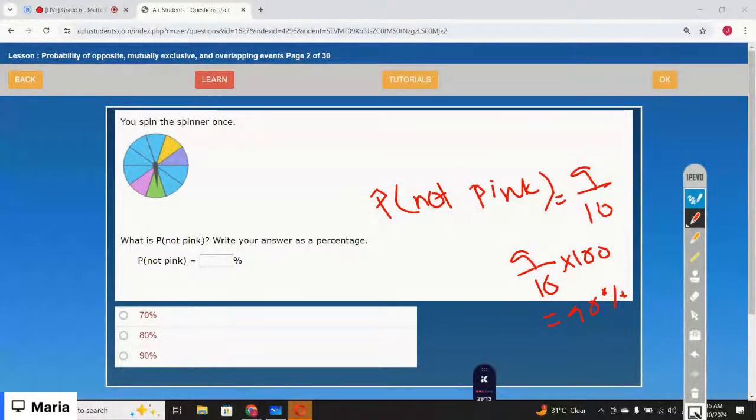The correct option is 90%. Option number 3 is the correct option.